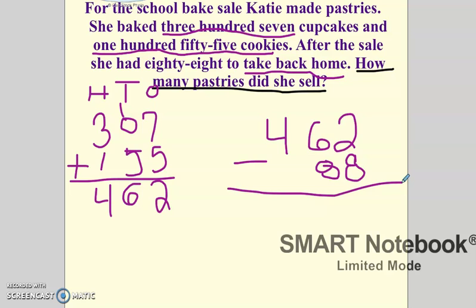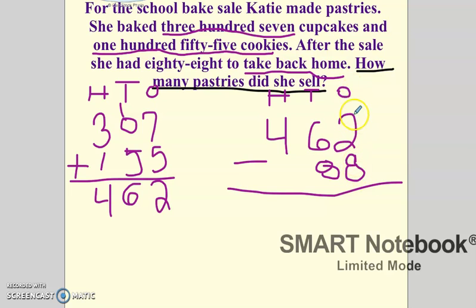Please excuse my writing, my friends. Okay, don't forget to make that HTO. H-T-O. All right, so where do we start first? Hundreds, tens, or ones place? If you said ones, you got it.